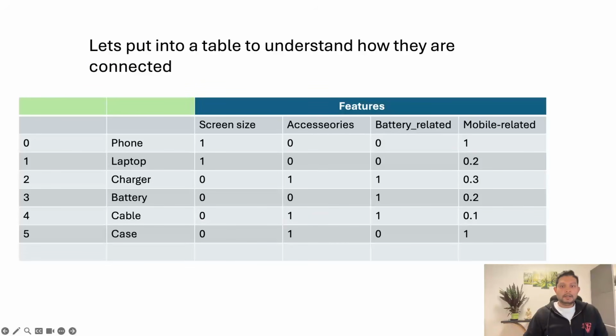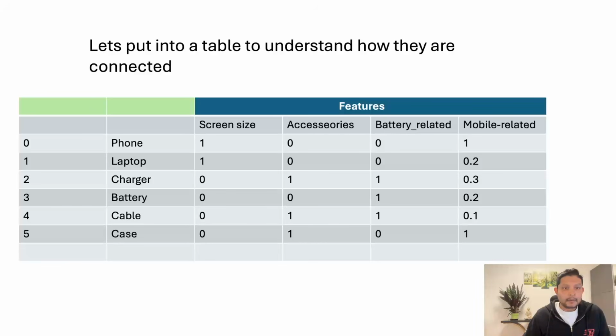In this table, I tried to put the relation from the previous graph. As you already noticed, it shows which node has which feature. So phone has screen size, it is not accessories related, also not battery related, but it is mobile related.